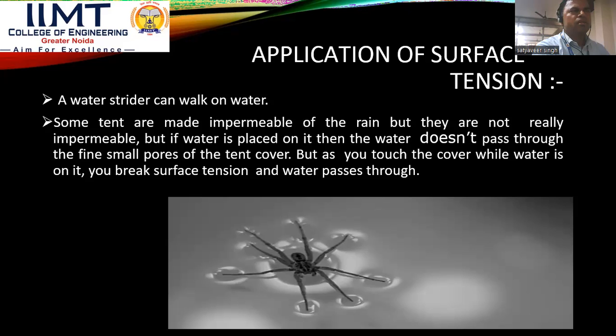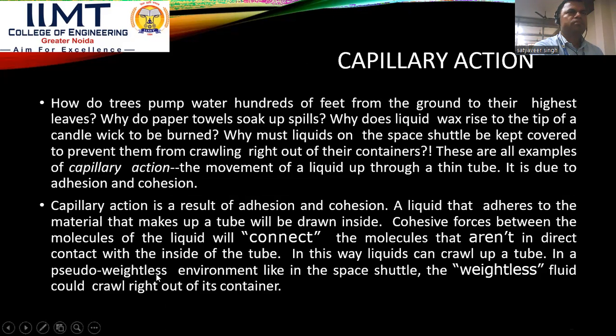We have seen that some tents are made impermeable to rain, but they are not really impermeable. If water is placed on it, the water doesn't pass through the fine small pores of the tent cover, but as you touch the cover while water is on it, you break the surface tension and water passes through. So these are the basic applications of surface tension.